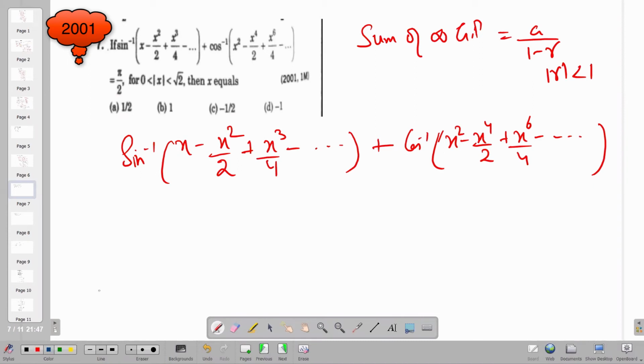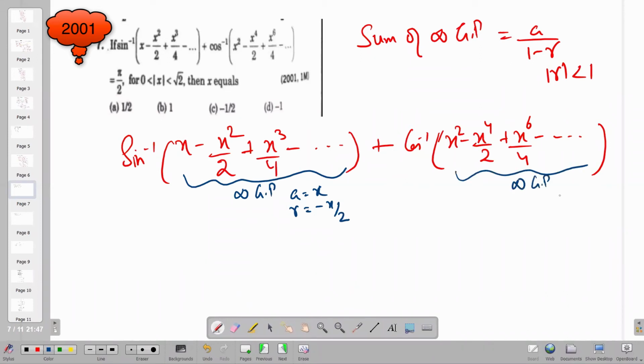So these terms are forming an infinite GP, where in this case my first term is x and my common ratio is minus x by 2. This is again an infinite GP with first term x square and common ratio minus x square by 2.